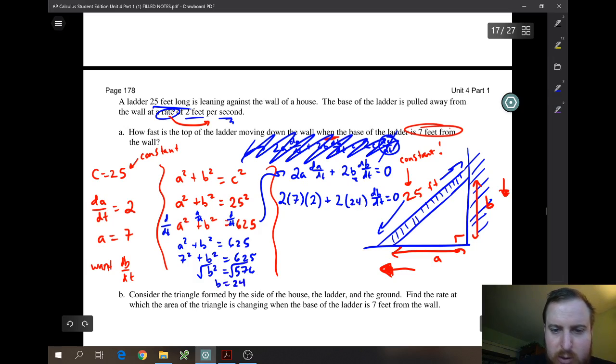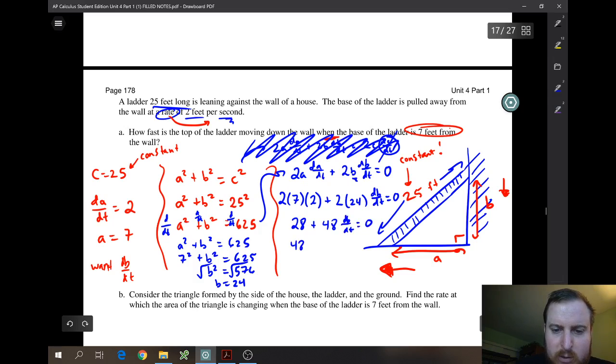So this is going to give us 2 times 7 is 14, times 2 is 28, plus 2 times 24 is 48, dB dt equals 0.